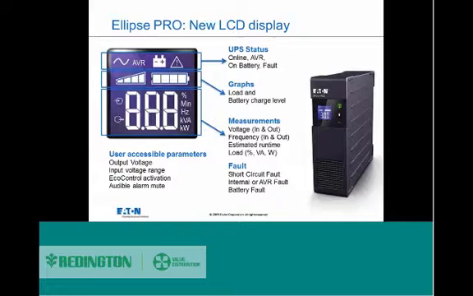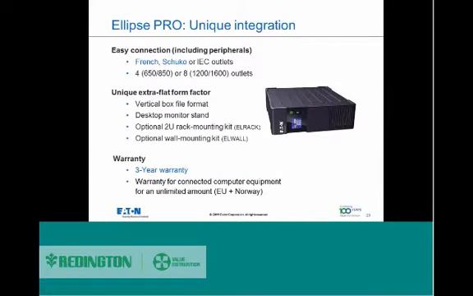You can see it in different forms over here: the status of the UPS, whether there's a fault on the battery, if it's working well. You have it in the form of a graph as well to show how much charge is there on the battery, or when it's running in backup mode. The measurement also shows you the voltage, the frequency, and the load currently running on this unit.